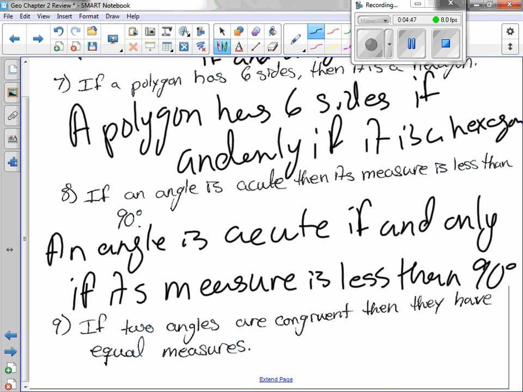If and only if. So when we talk about biconditional statements, we are rewriting them with if and only if. Any questions on 7, 8, or 9? We good with these if and only if? Yes?